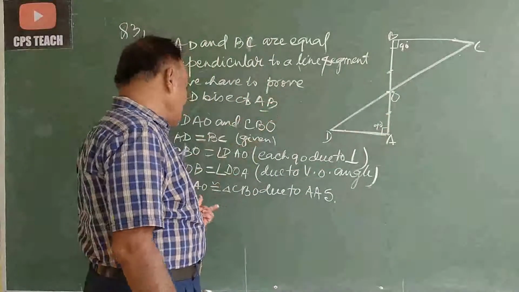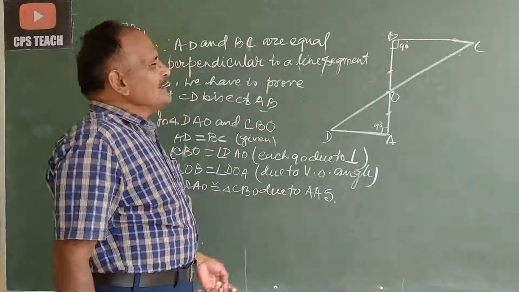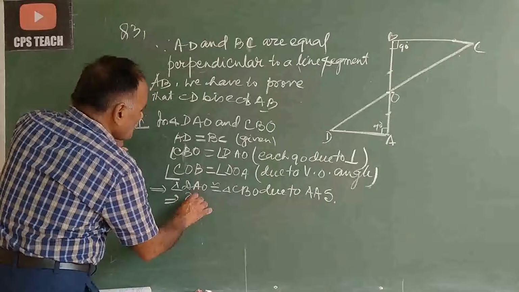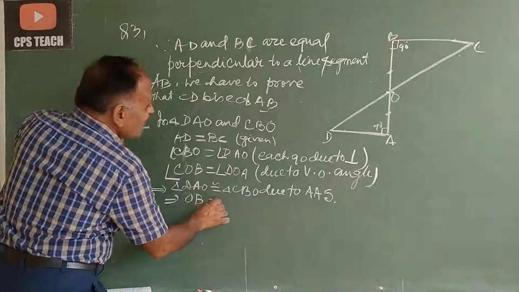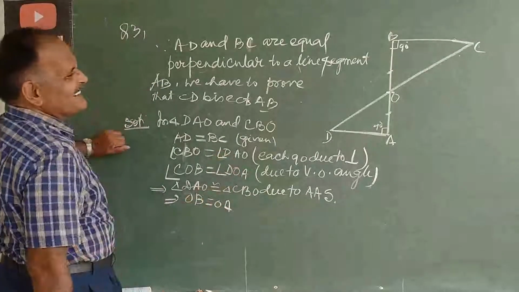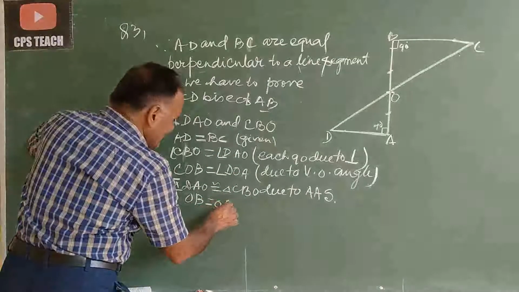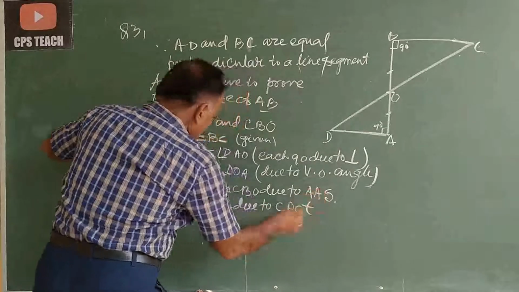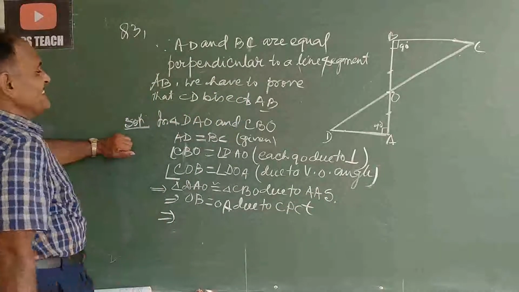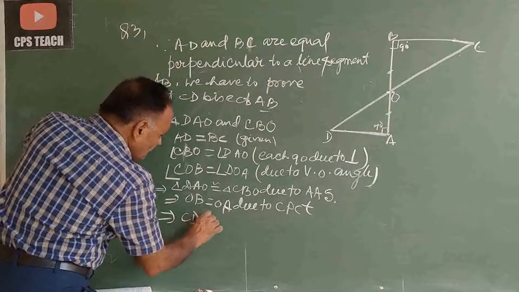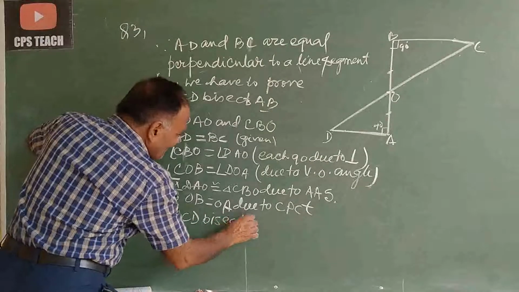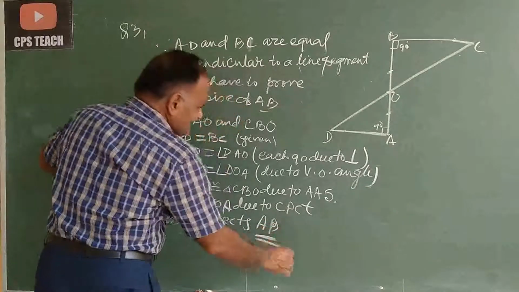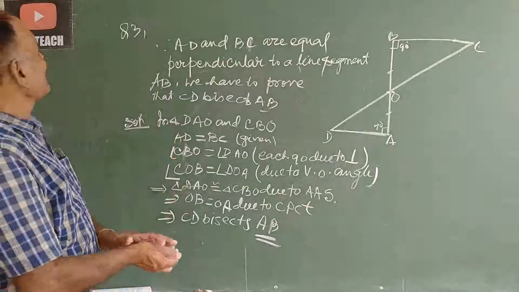So these two triangles are congruent due to AAS, and this implies OB बराबर OA, it is due to CPCT. This implies CD bisects AB, and it is the actual proof of this question, question number 3.